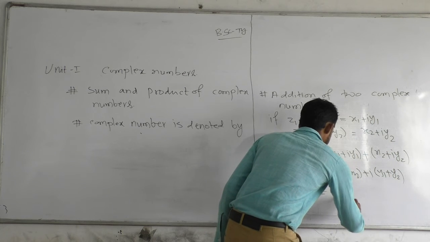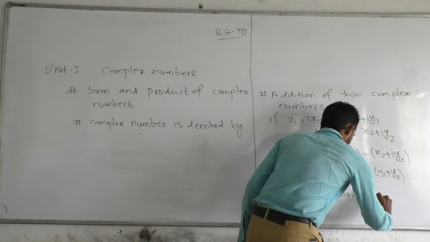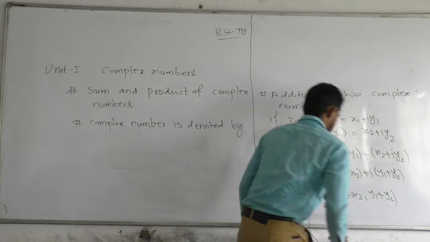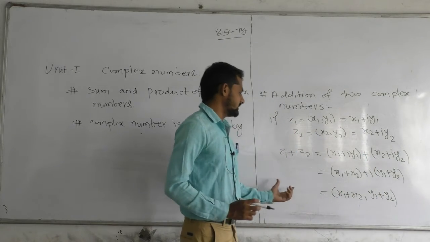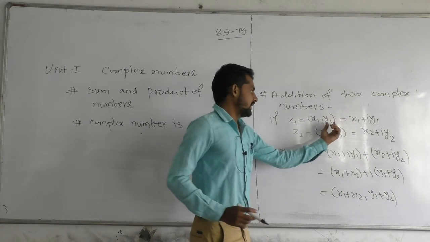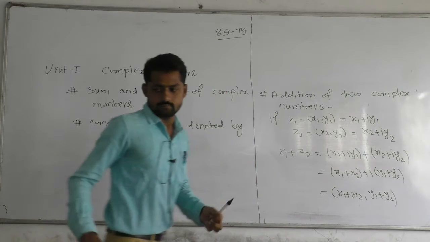This can be written as (x1 plus x2, y1 plus y2). So the addition of two complex numbers is: add the real parts and add the imaginary parts.